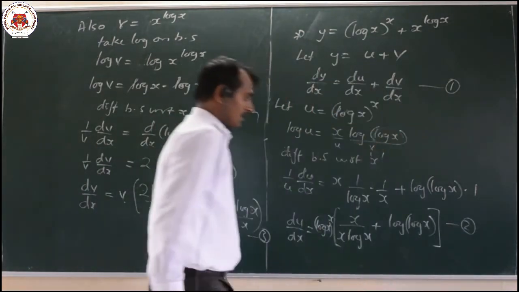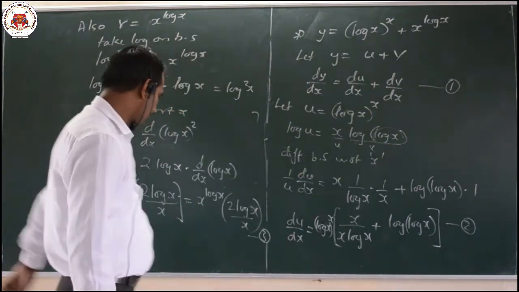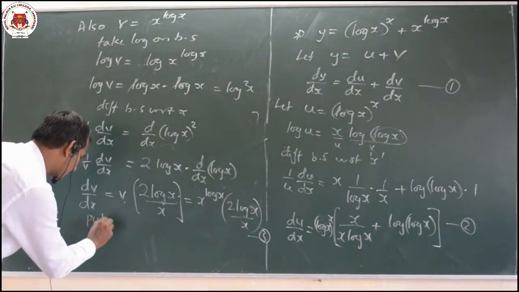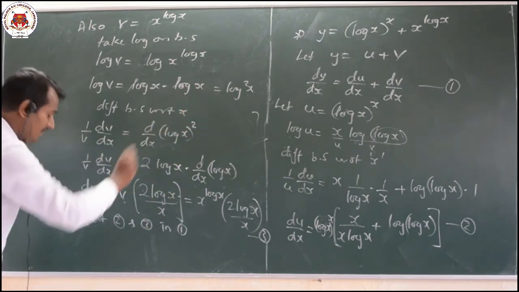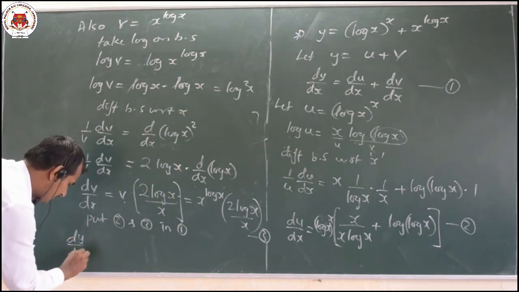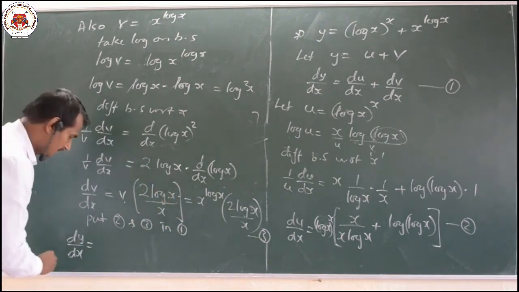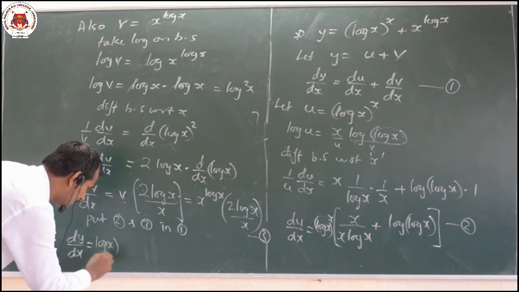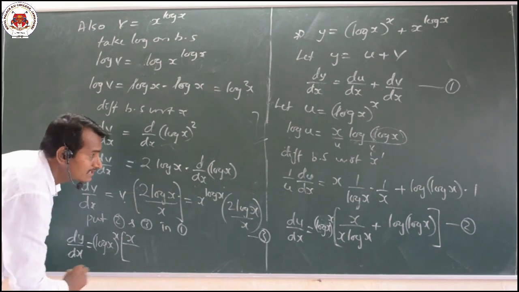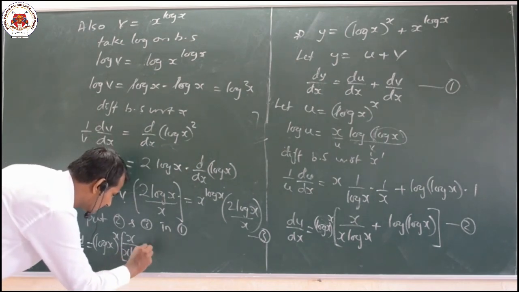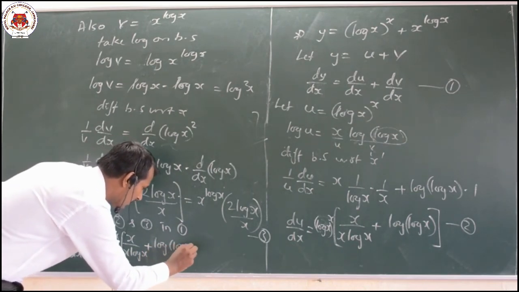Now you can substitute 2 and 3 in equation number 1. Put 2 and 3 in 1. That is nothing but dy by dx equals the u part, that is du by dx, log x to the power of x into x by x log x plus log of log x, first thing.